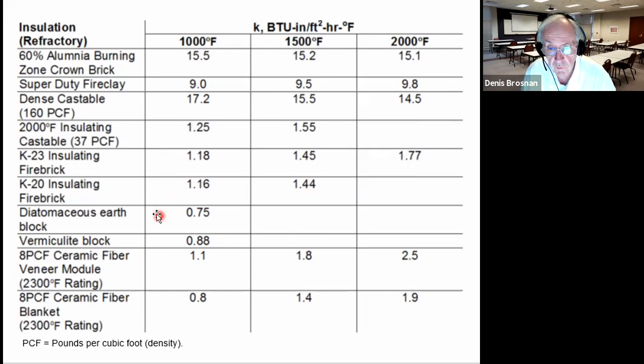Go on down here to some granular materials, which are very light in weight. And here's ceramic fiber, 8 pounds per cubic foot ceramic fiber at 1.1, and 8 pounds per cubic foot blanket down around 0.8.